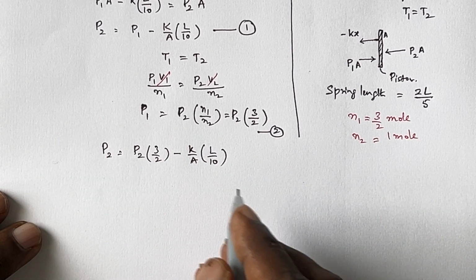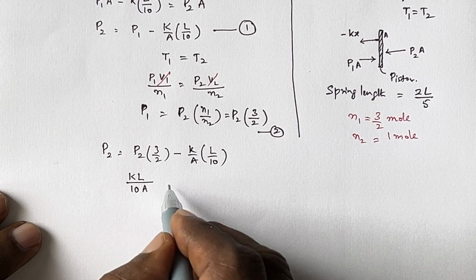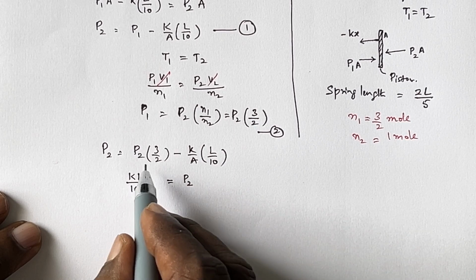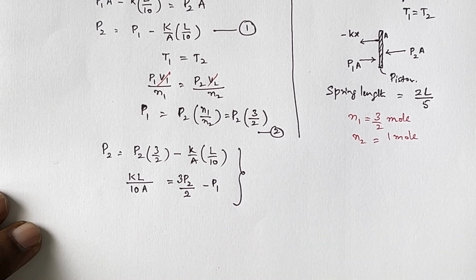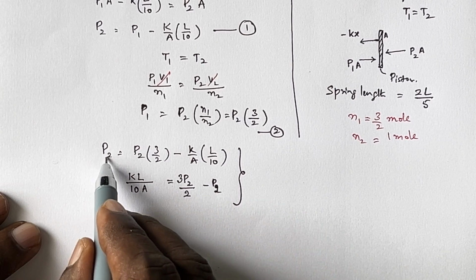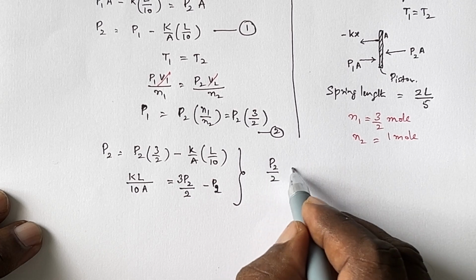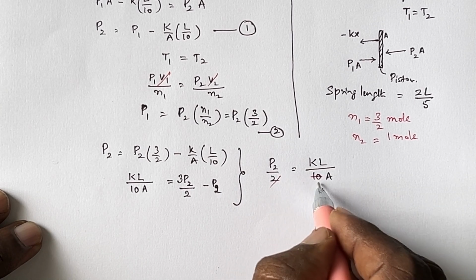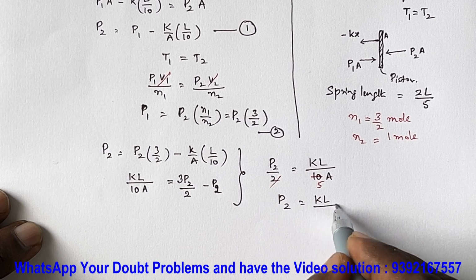K/A into L/10 I will send to that side: KL/10A is equal to 3P2/2 minus P2, that is P2/2. So P2/2 is equal to KL/10A, and P2 came as KL/5A.